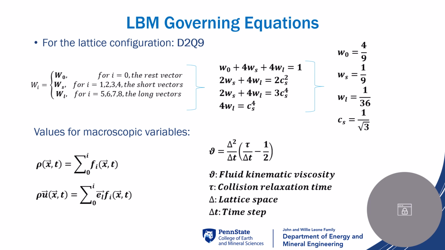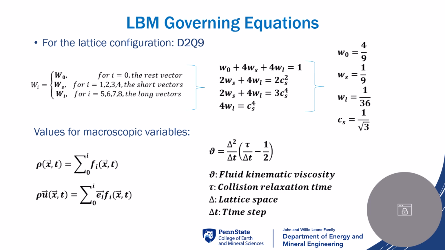In summary, the Lattice-Boltzmann method models fluid behavior using discrete distribution functions fi that evolve through streaming and collision steps across a lattice. The evolution is governed by the Lattice-Boltzmann equation, often with the BGK approximation for collisions.